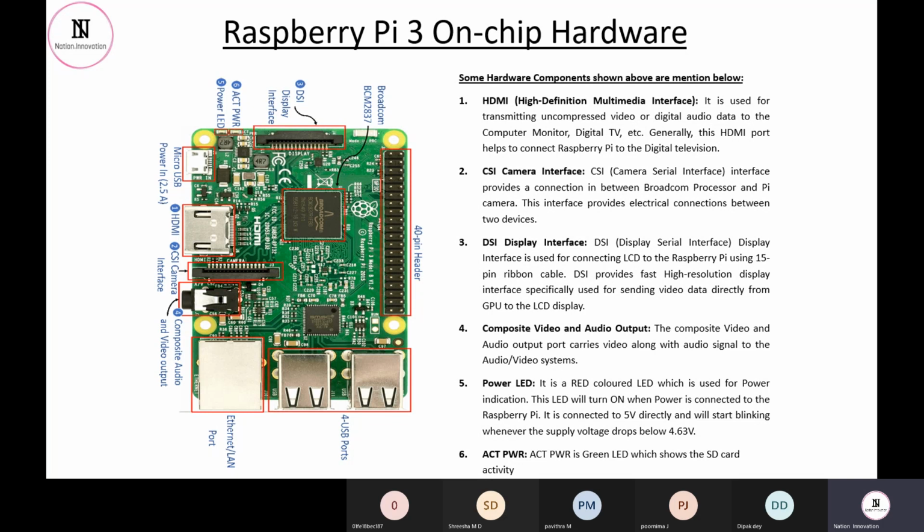So if we conclude, Raspberry Pi is a good device with much more functionality and capability, and Arduino is also a good device, but each has some advantages and some disadvantages. What if we connect both devices and overcome each other's problems?